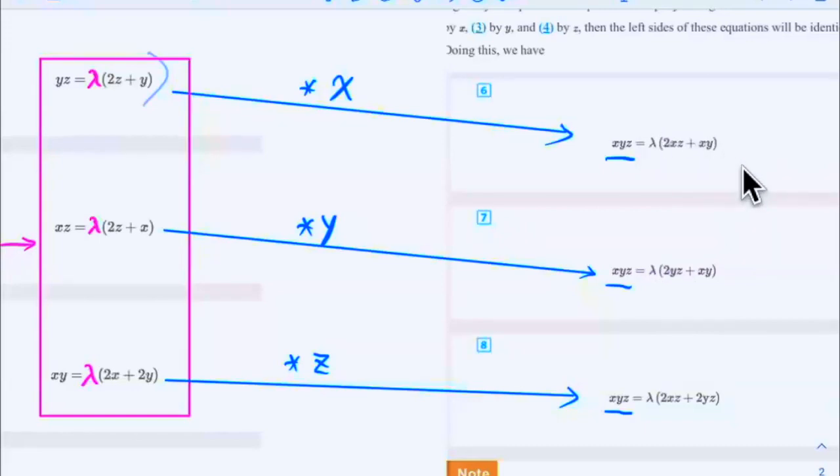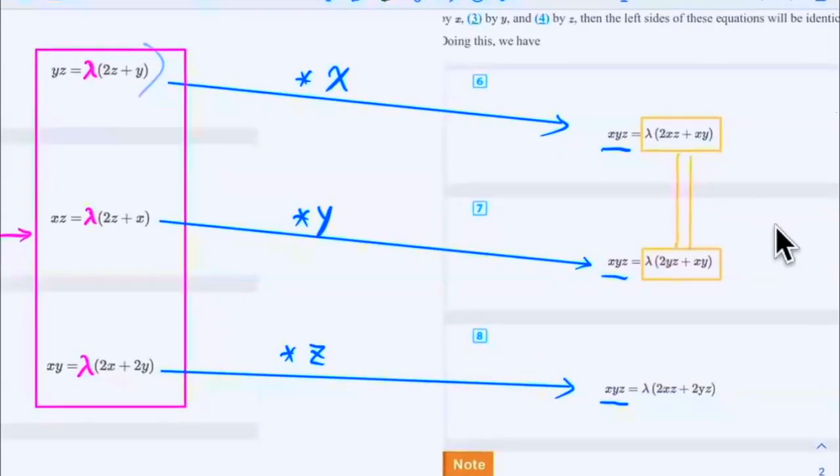Okay. And this, they're equal to each other, right? And also this, they're equal. They're all equal to xyz, okay? Then that is going to help us to solve for x, y, and z, okay?